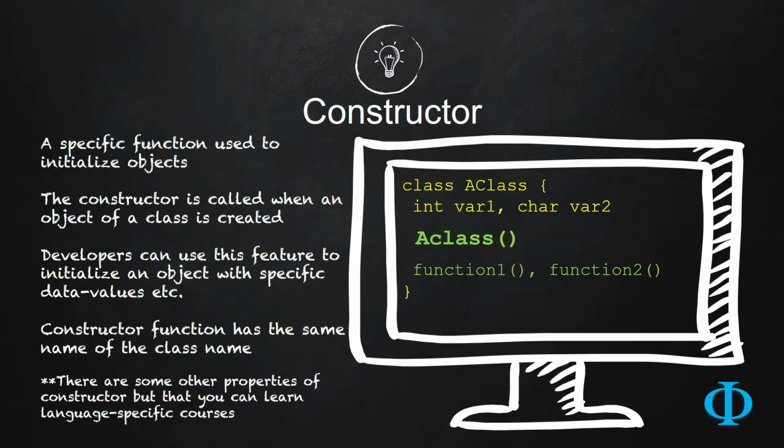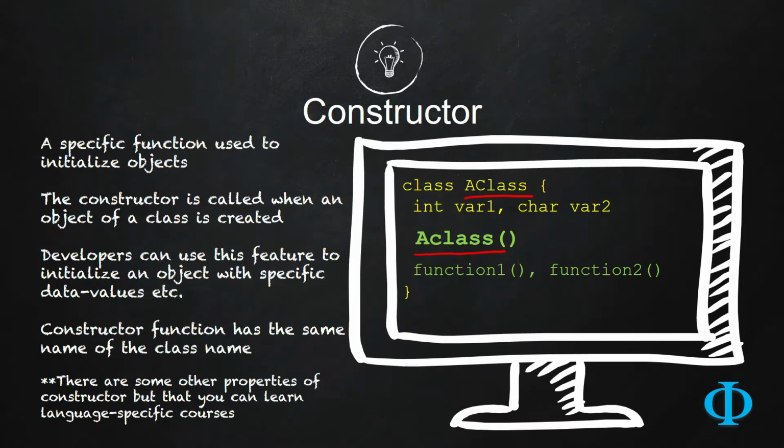What are the properties? That is, a constructor function has the same name as that of the class. Also, a constructor function does not have any return type like other functions.